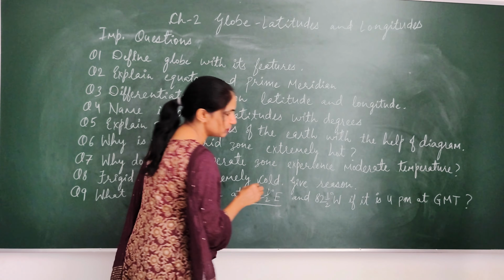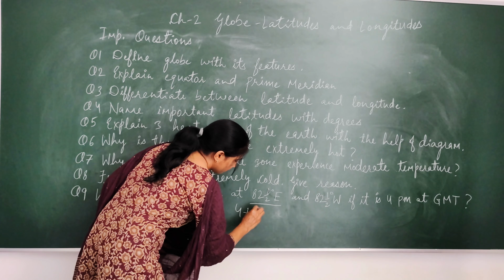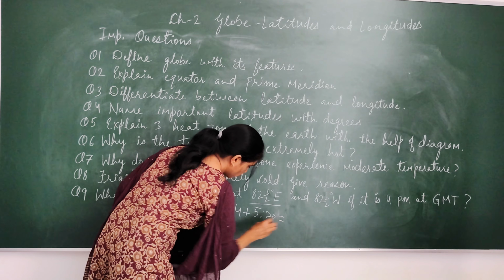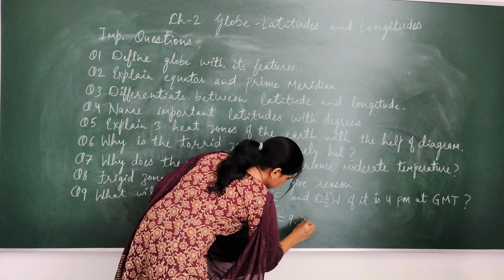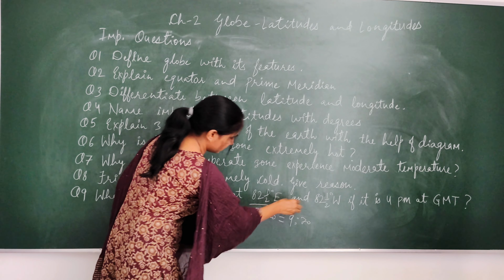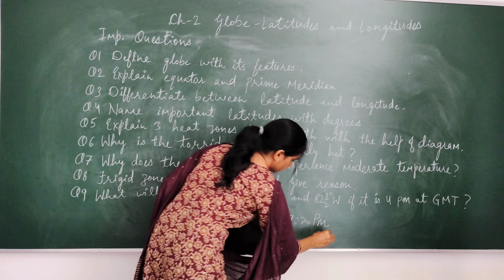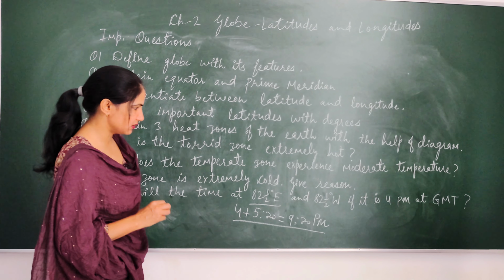If at GMT the time is 4 p.m., add 5 hours 30 minutes to this time. It means 9:30 PM. It is the time in India at 82.5 degree east.